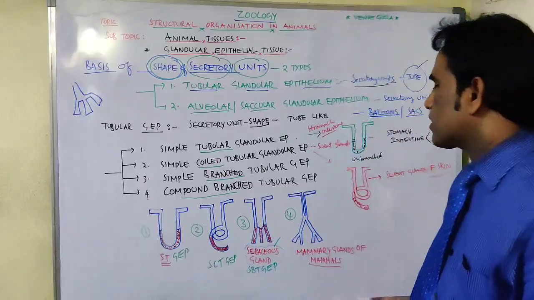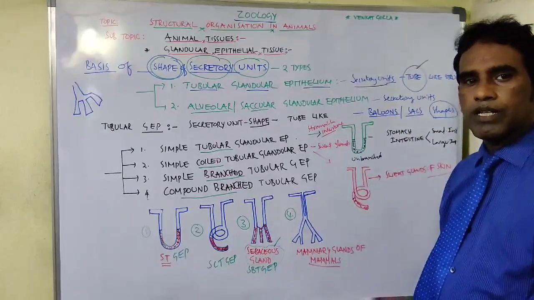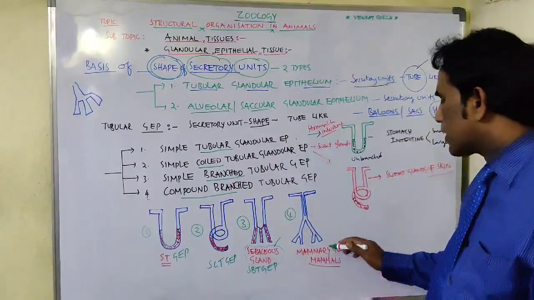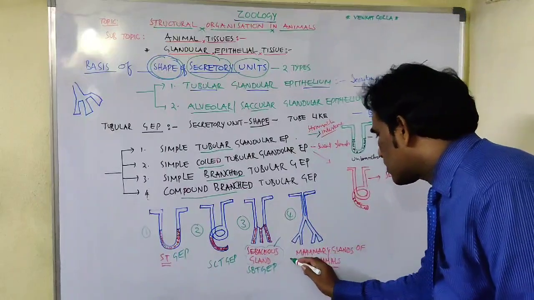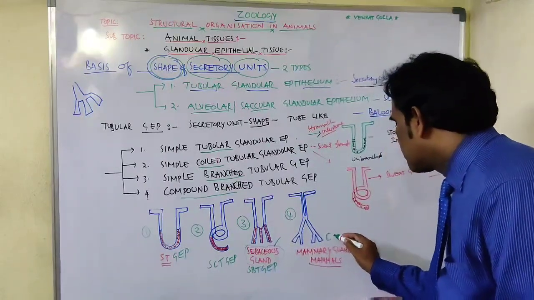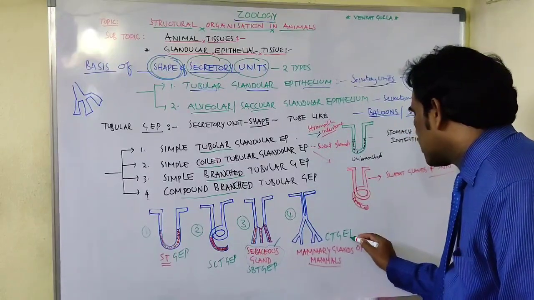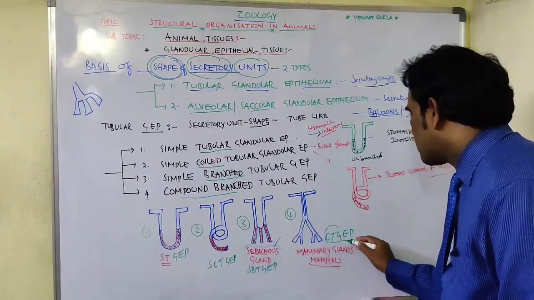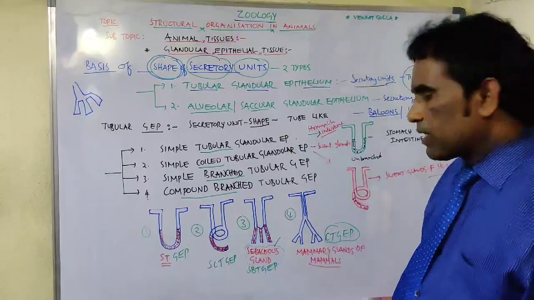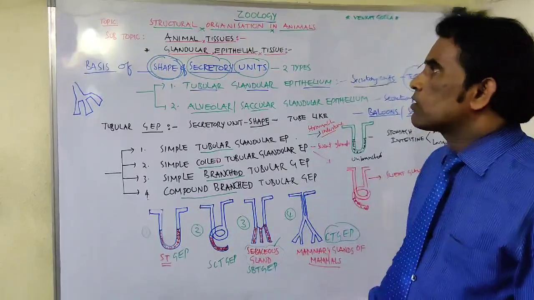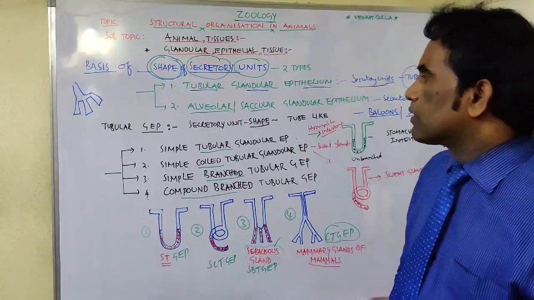The location is sebaceous glands. And the last one is compound tubular glandular epithelium. Location is mammary glands. So this is about tubular glandular epithelium.